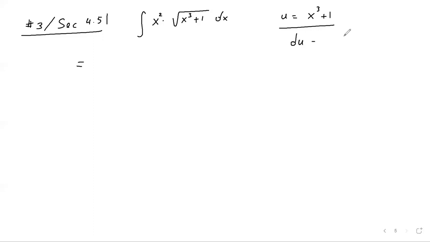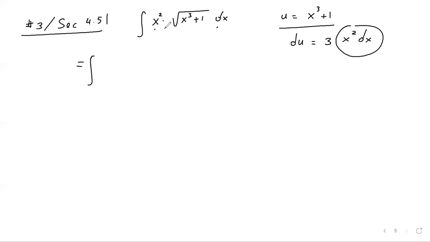So let's see what du is and why that would be useful. du is 3x² dx. Don't forget to put this dx, very important. And isolate this part, because x² and dx are what you have over here.